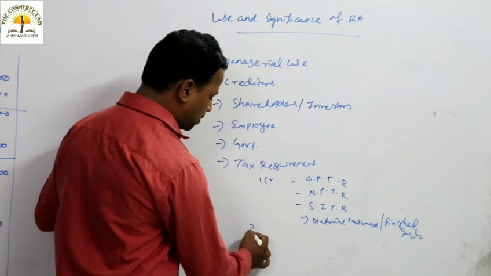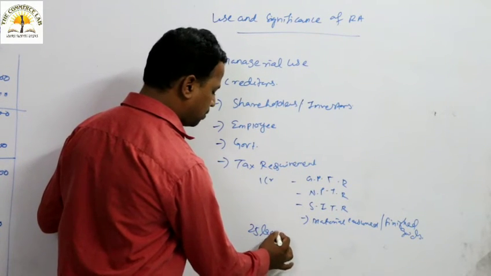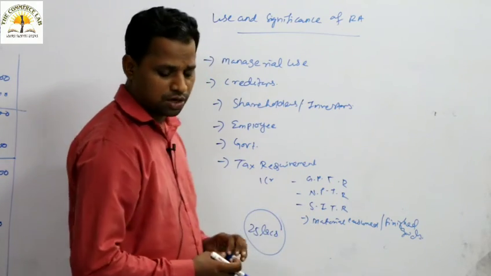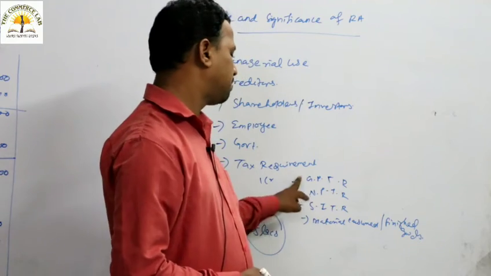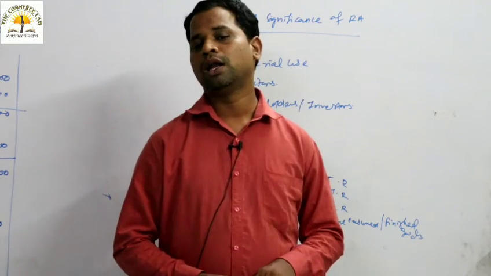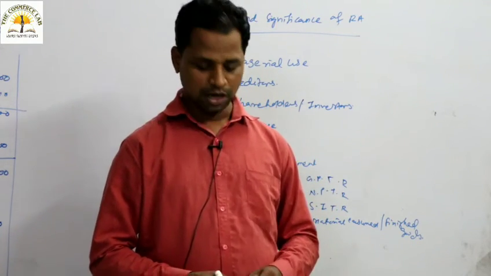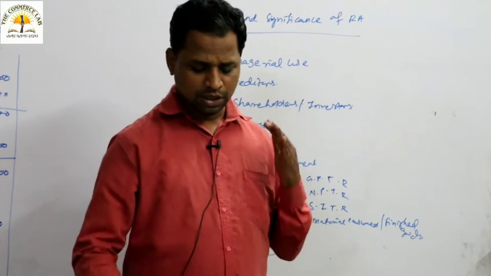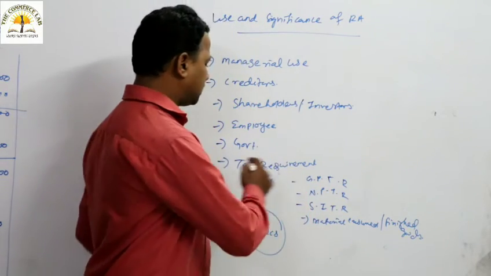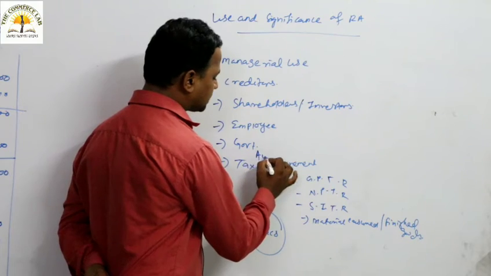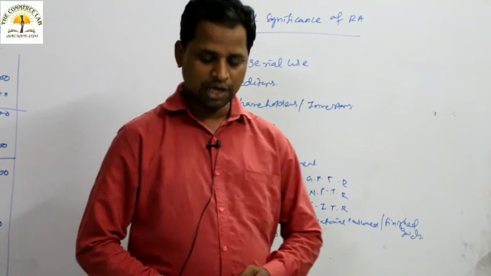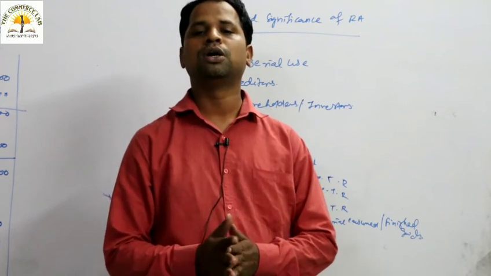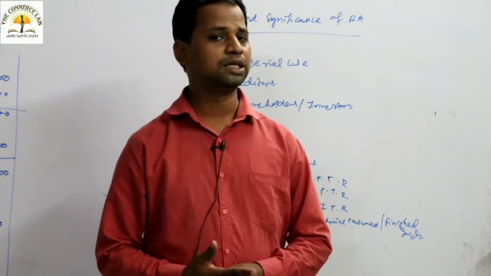Apart from this, professionals whose turnover is 25 lakh also have to supplement this kind of ratio while filing the return to the government. So this is for the tax audit requirement. You have to give this kind of information to the government while filing the return.